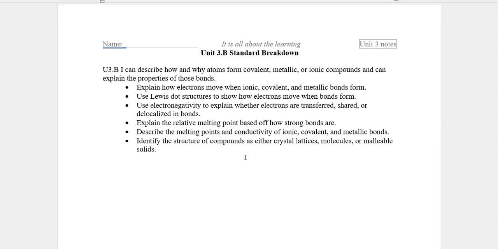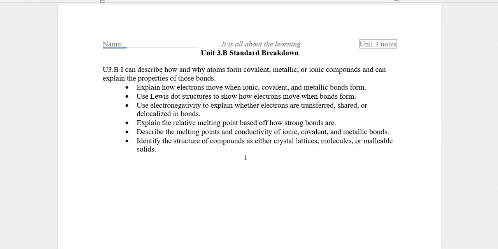Alright, standard 3b. I can describe how and why atoms form covalent, metallic, or ionic compounds and can explain the properties of those bonds. So you need to explain how electrons move when ionic, covalent, and metallic bonds form. You need to use something called Lewis dot structures, which are basically like abbreviated Bohr models, to show how electrons move when bonds form.